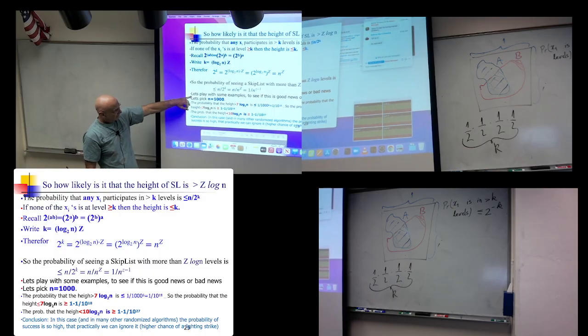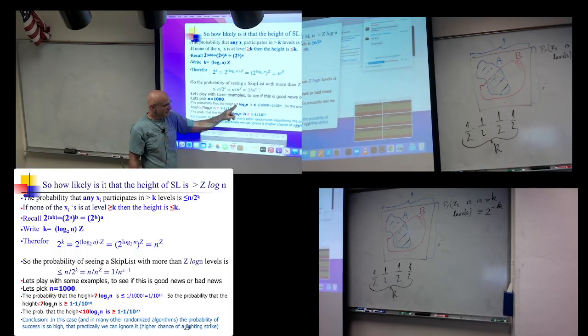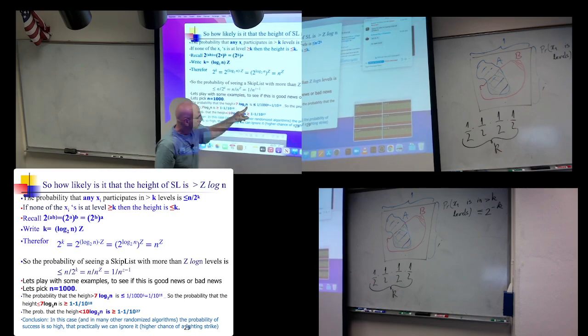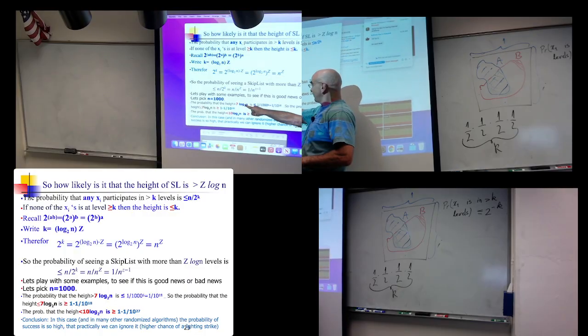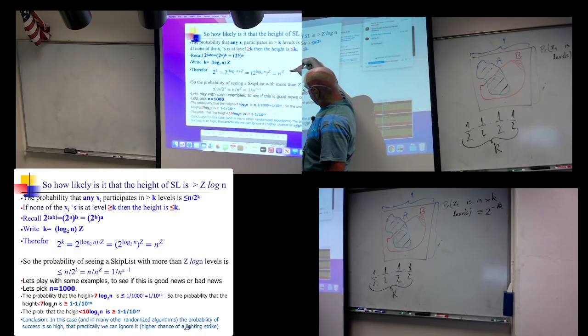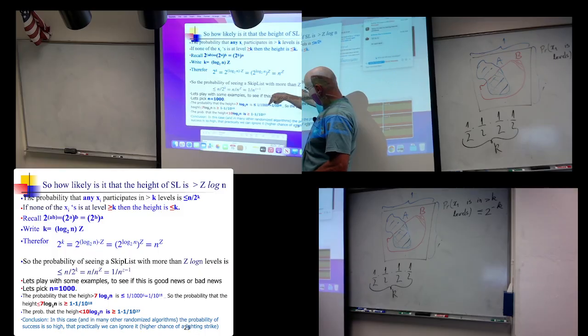Let's play with numbers. Let's assume that I only have 1,000 keys, because of course if I have more keys, even better. Let's say that I only have 1,000 keys and I build a SkipList. What's the probability that the height is larger than 7 times log n? The probability that it's more than 7 times log n is smaller or equal than 1 over n to the z minus 1.